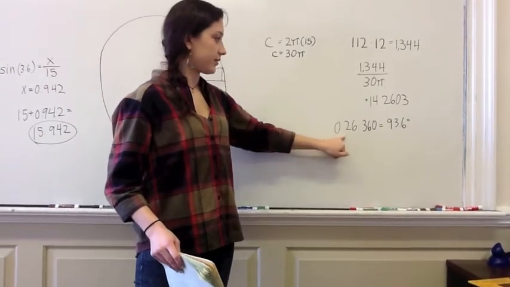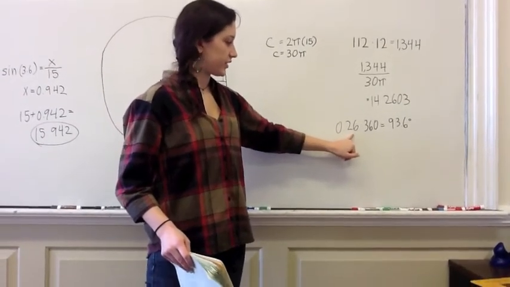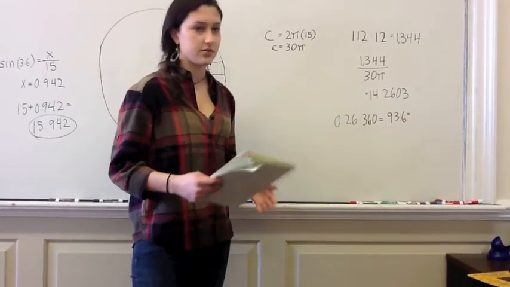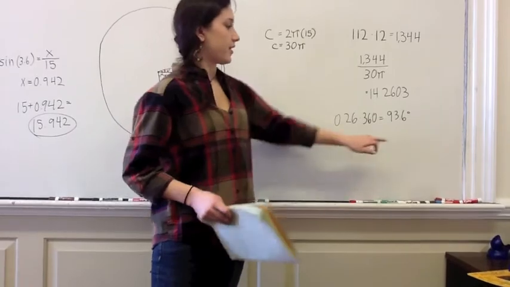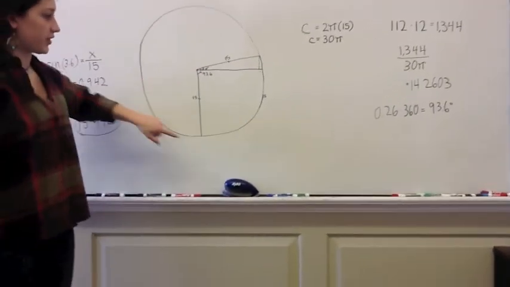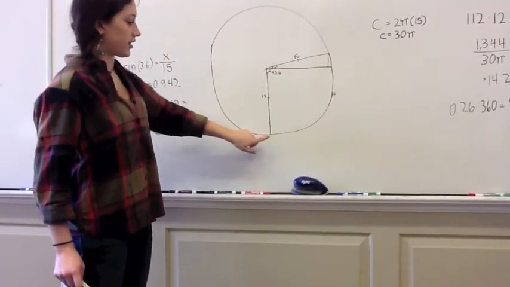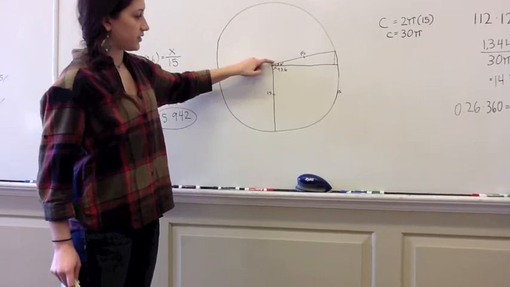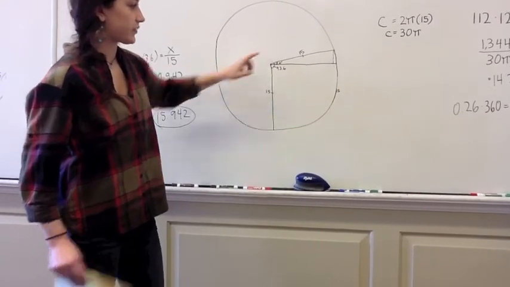So to calculate that, we take 0.26 and multiply it by 360 degrees, the total degrees in the circle, and we get 93.6 degrees. So then we come over to our wheel, and starting from the base, which is right here, we add 93.6 degrees.